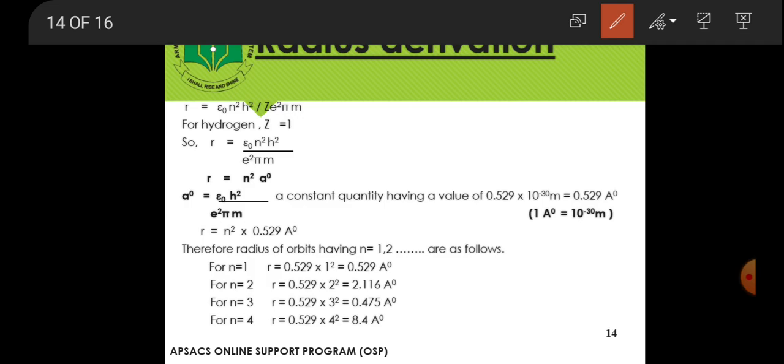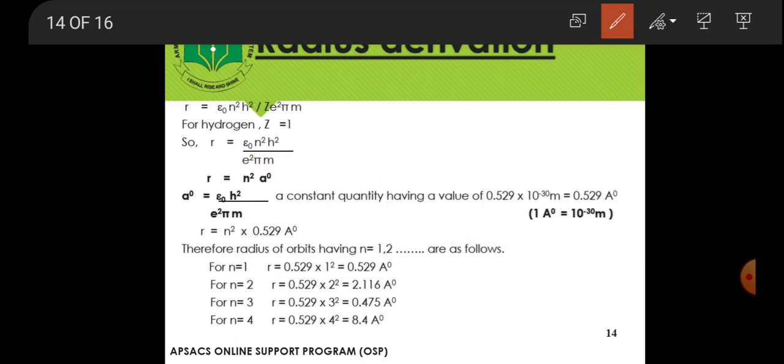And this is a constant factor. Epsilon naught is a constant value, h is Planck's constant, e is the charge, pi, m, all these are constant.